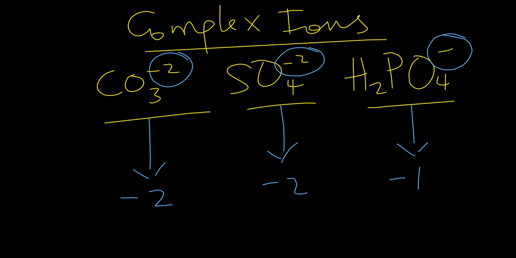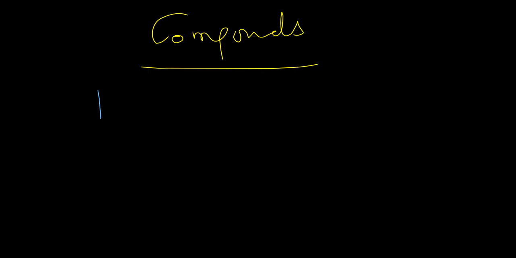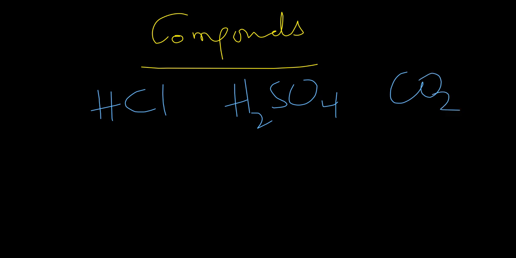Let's look at compounds. That's the next item. So let's say HCl, H2SO4, and CO2. They also have charges, and like we've already stated, compounds would have their charges written as superscript on this part.